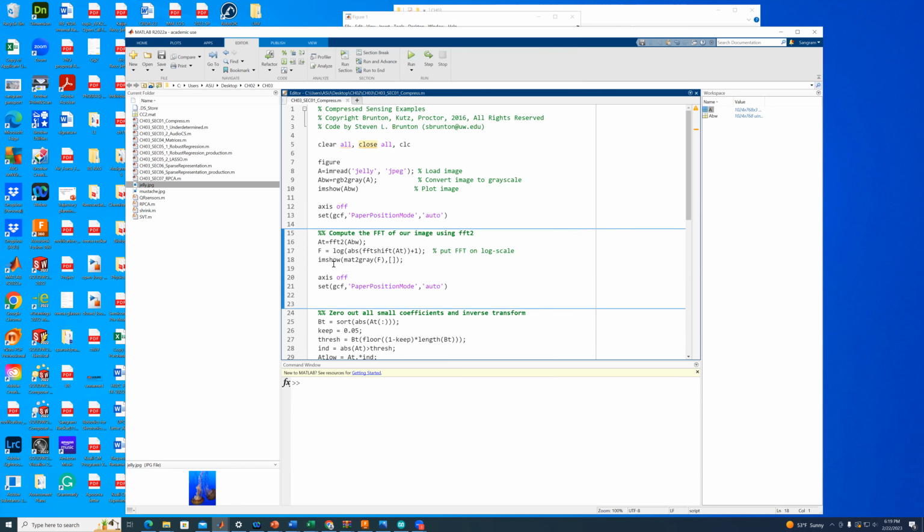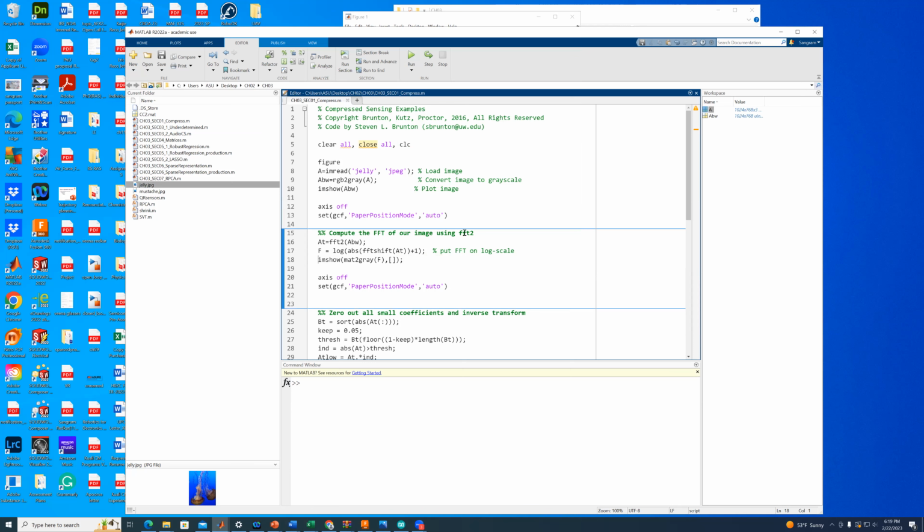Now we are going to perform the FFT, the fast Fourier transform, on this image. I want to show you a very important aspect here: this is not a fast Fourier transform on a time series. This is a fast Fourier transform on the matrix.